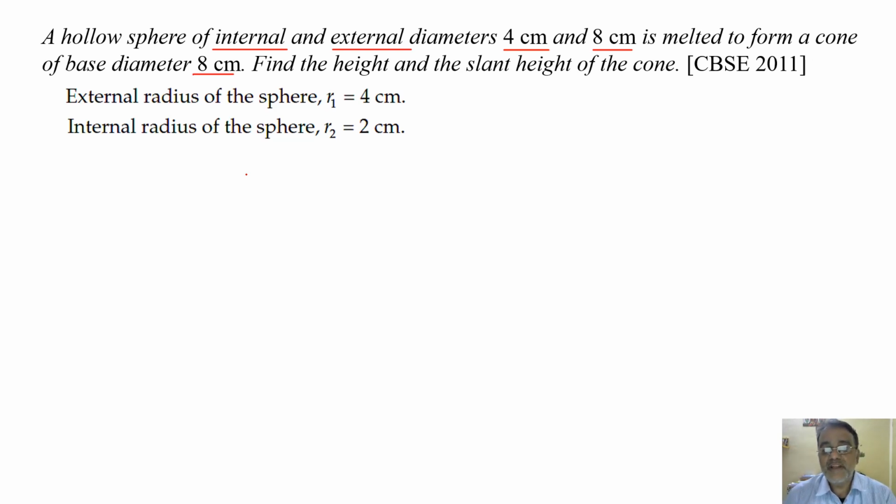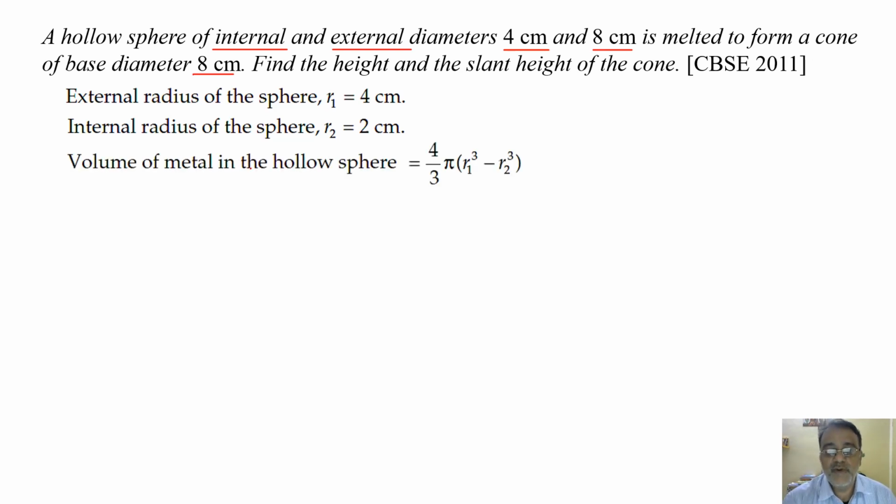So 4 upon 3 pi r1 cube minus 4 upon 3 pi r2 cube. So we can take 4 upon 3 pi common. This formula is clear? Yes, sir.